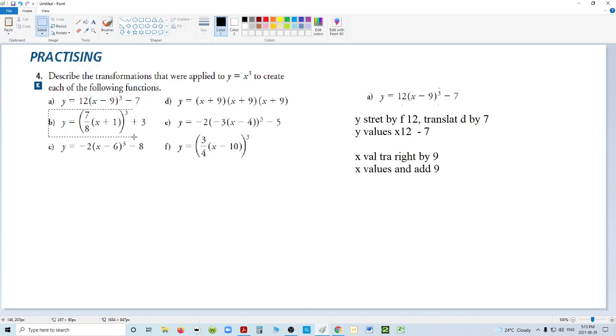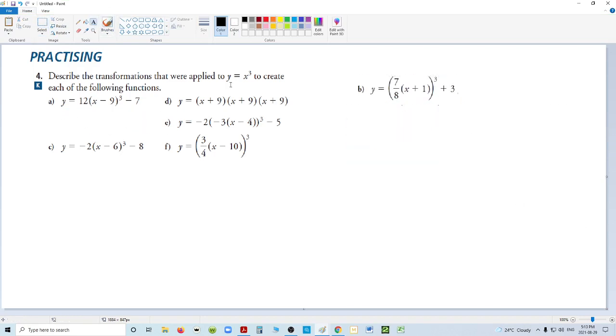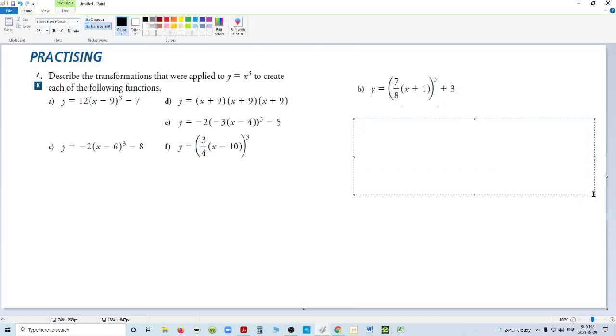And if you do that with 3 of them, you can come up with a new formula. So that's that one. Oh, this one they've actually translated the x values correctly. And you can see that there's only one y. Y has been translated up by 3. And x values, x has been stretched by a factor of 8/7, and then translated left by 1.